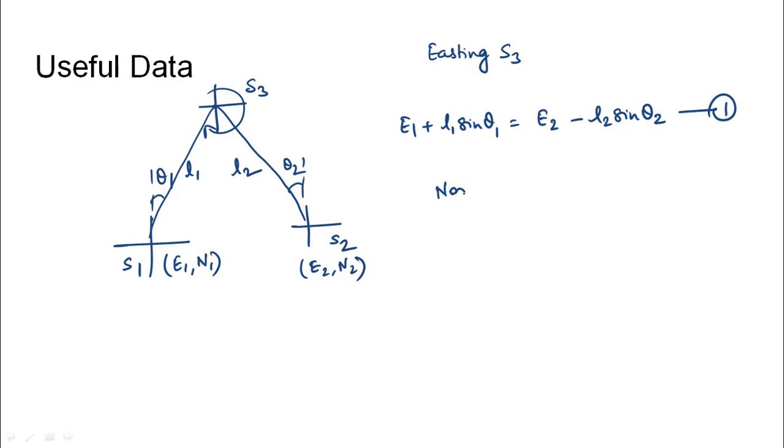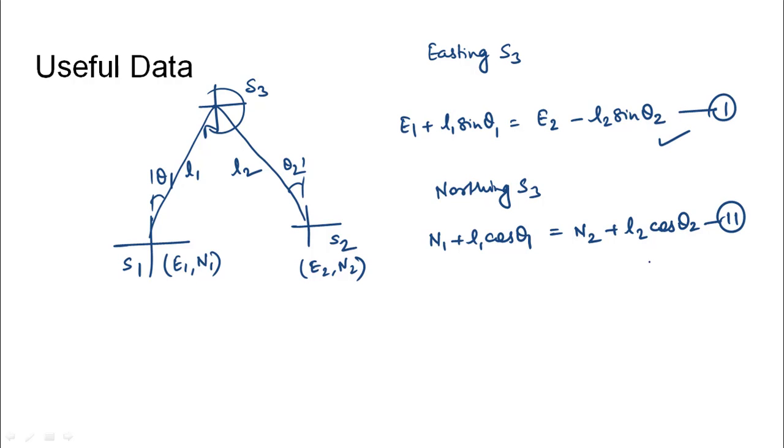Then we compare the northing of station S3 with respect to 1 and 2, which gives N1 plus L1 cos theta 1 equals N2 plus L2 cos theta 2, which is equation 2. By solving 1 and 2, the corresponding lengths can be obtained, and that can be used to obtain the easting and northing of S3.